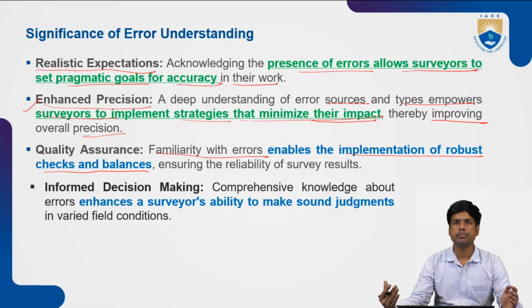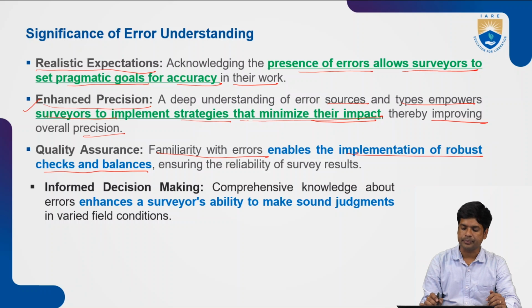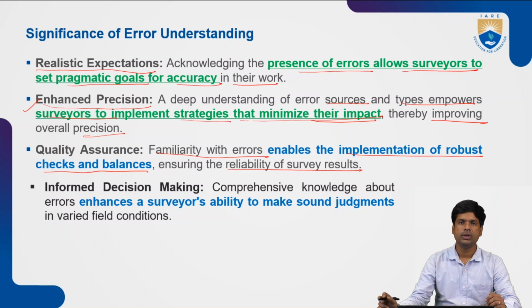Depending upon the type of surveying, you check the area and the instruments, and check whether all the equipment is available for that particular type of survey. So that is going to improve the quality of the surveying, and it ensures the reliability of the survey results. If you have quality assurance, then that surveying is going to give good results.